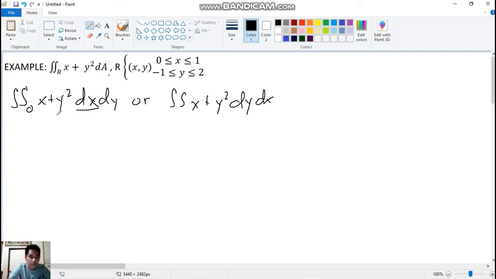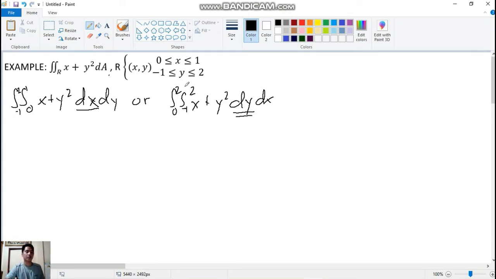And dy, which is the last one, you put the values of y in the outermost integral, so this will become negative 1 and 2. And since you start with dy in the other order, the values of y go in the inner part, negative 1 and 2, and the values of x go in the outer part. Did you understand? Okay.